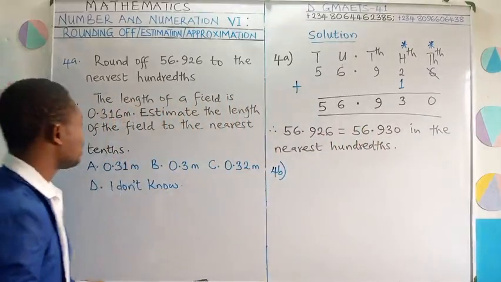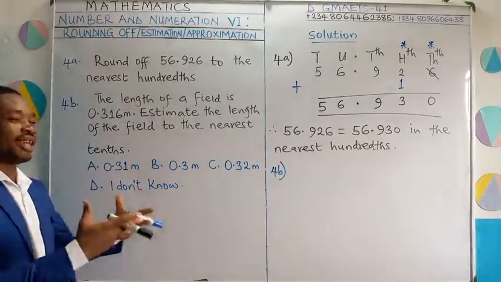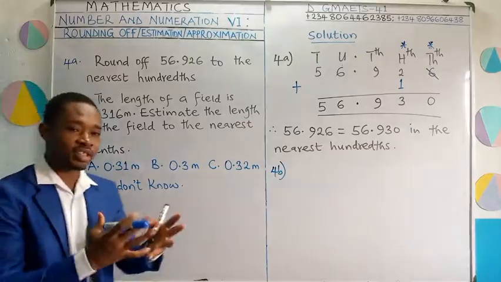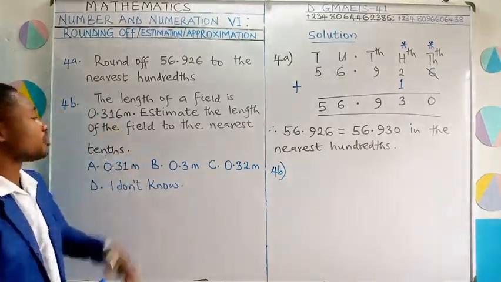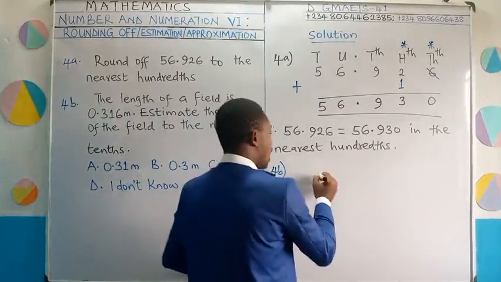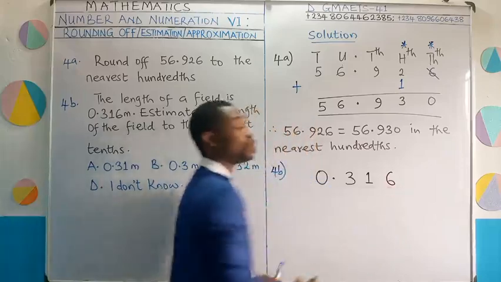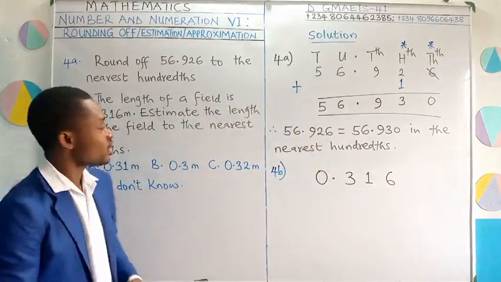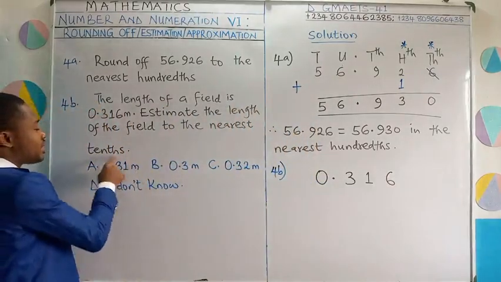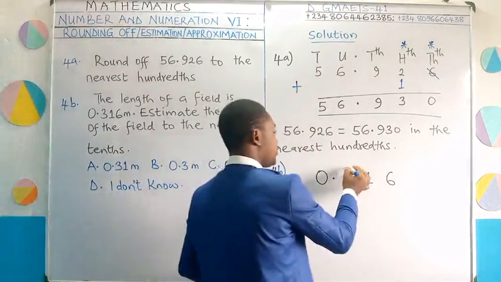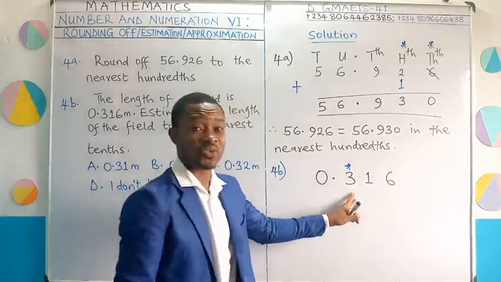We are to estimate to the nearest tenths. Now, the measurement of the field given to us is 0.316. So I'll write this 0.316. I am not going to show the place value. I'm rounding off to the nearest tenths. So I will identify the tenths place value, which is 3 here.